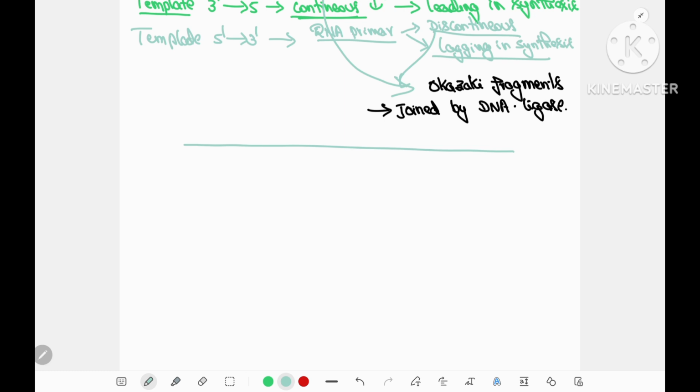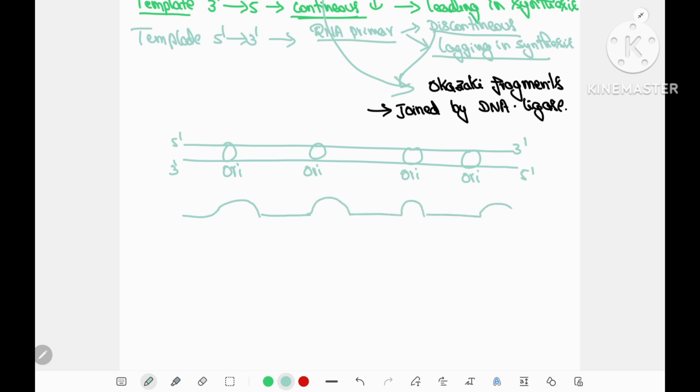For your understanding, here is a DNA which has two strands, 5' to 3' and 3' to 5', and the process of DNA replication starts at the ori site. I said there are many ori sites present. Remember, at all ori sites the process of DNA replication will start simultaneously. Don't imagine that replication starts and completes at one ori site and another begins later.